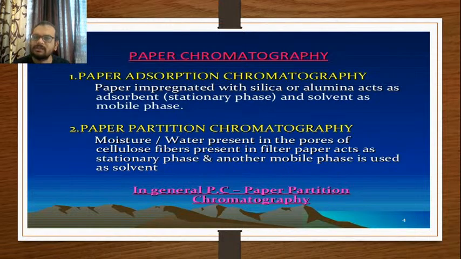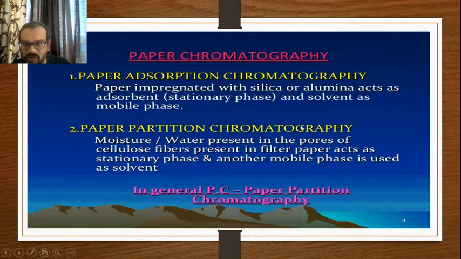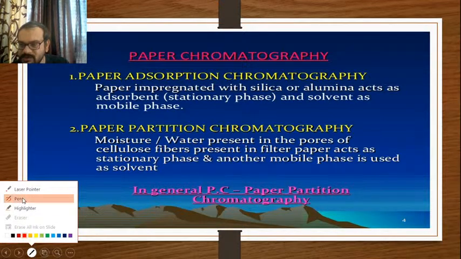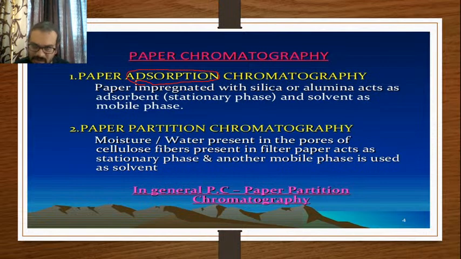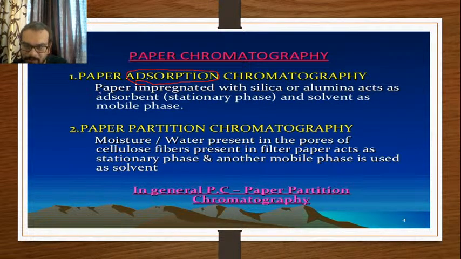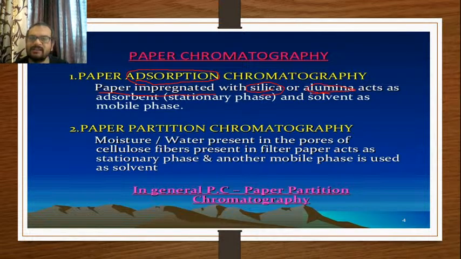The first paper chromatographic technique involves adsorption as its separation principle. For adsorption, you need a solid surface, a solid stationary phase, and that's why the paper has been impregnated with silica crystals or alumina crystals, which act as an adsorbent.